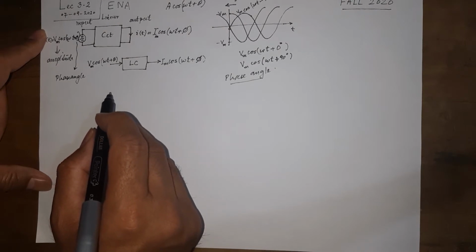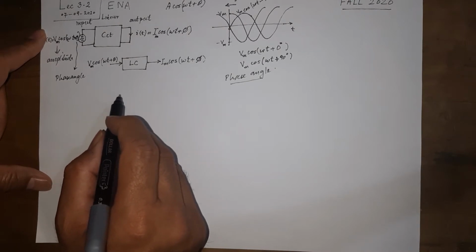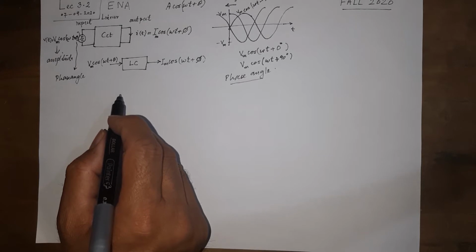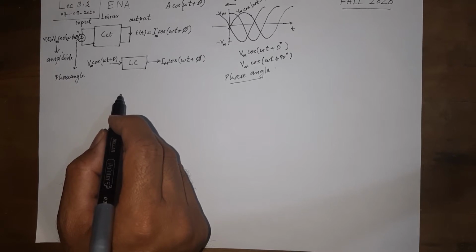Okay, so let's now begin with our analysis and understand how that magic happened that we had been using till now.